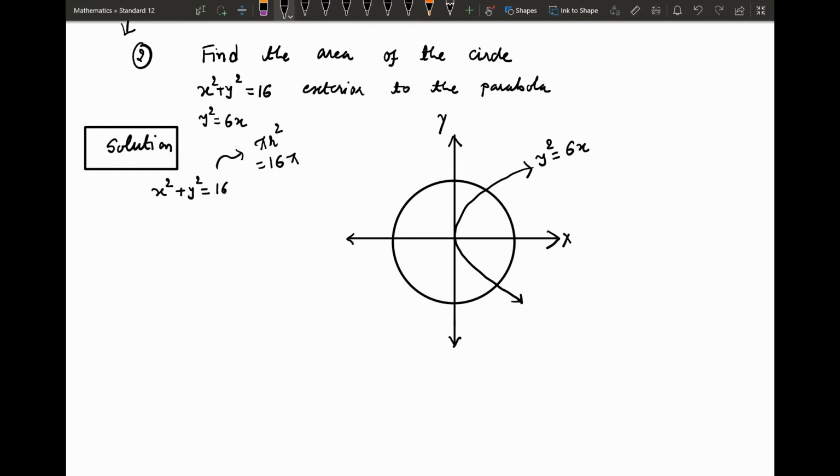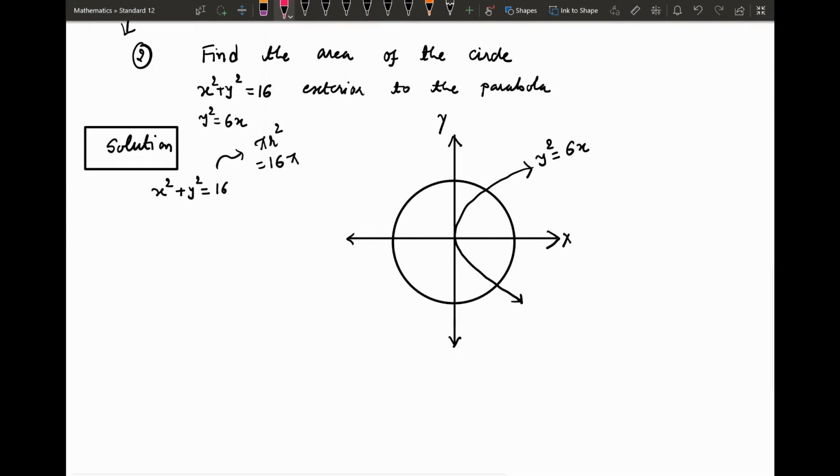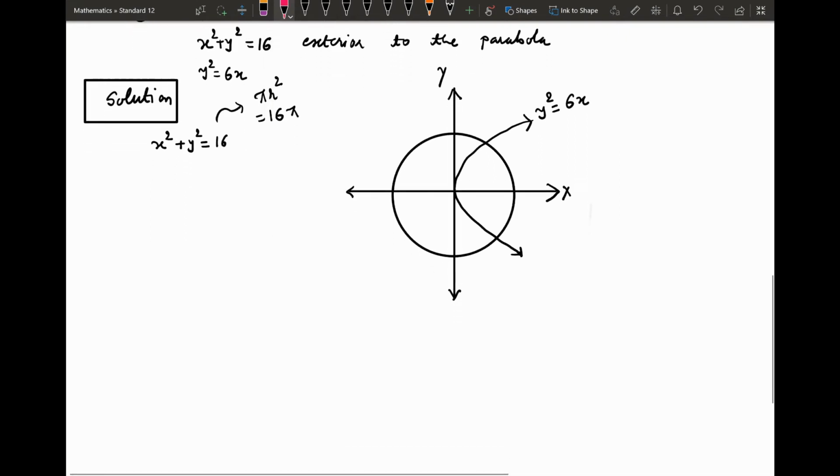But we have to get area exterior to the parabola. So we have to find area of this portion.